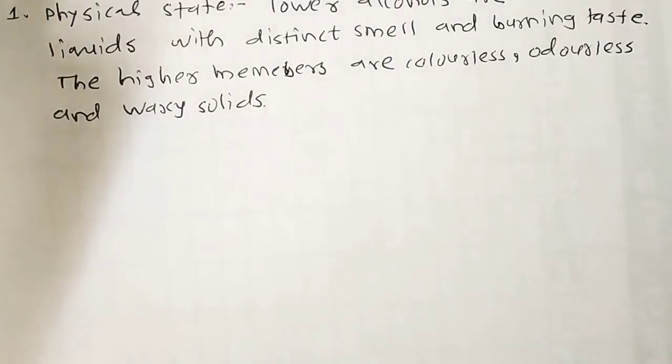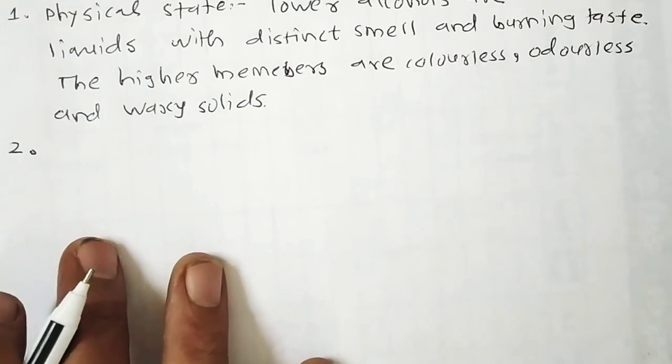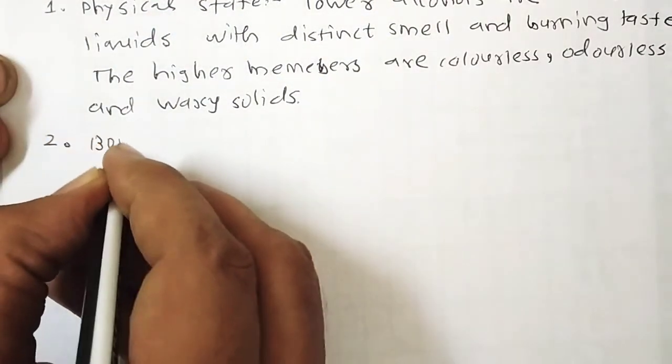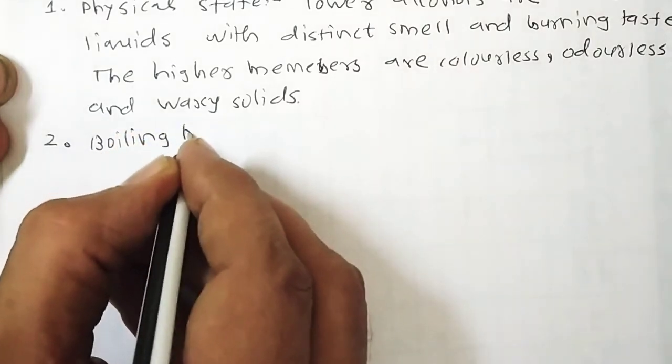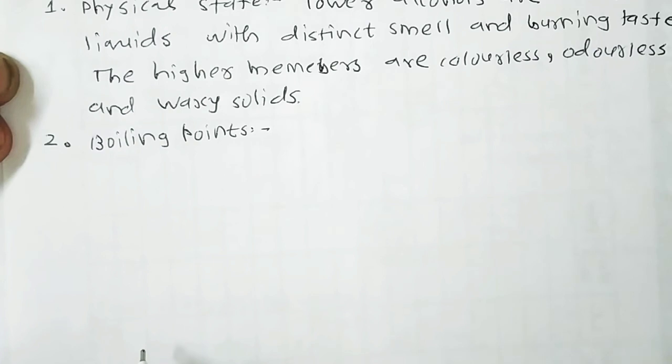Now number 2 point, and it's an interesting point. It's the boiling point. The boiling points of alcohols are much higher than the corresponding aliphatic hydrocarbons as well as haloalkanes.